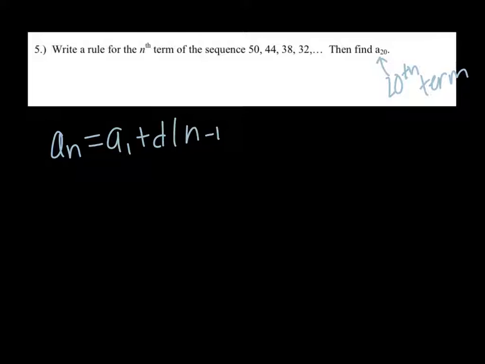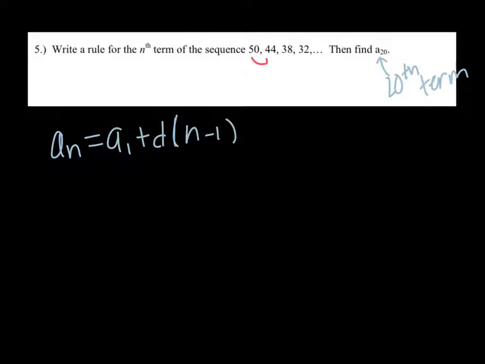And then it asks us to find a sub 20, your 20th term. I'll just write the rule down here: a sub n equals your first term plus the difference times your term number minus 1. So let's first find the difference.